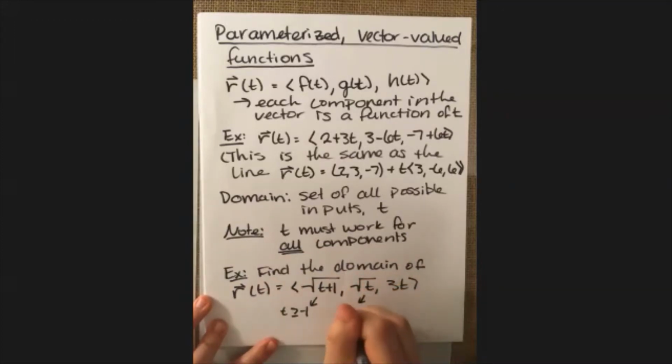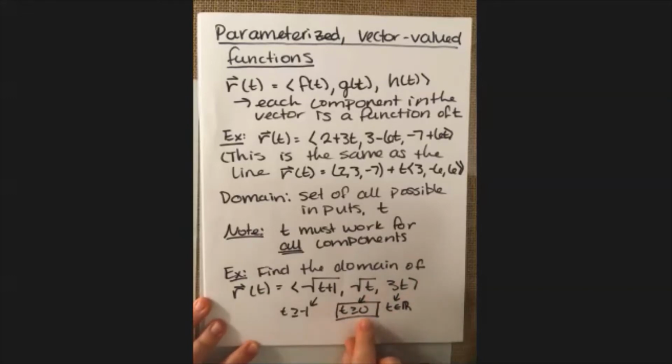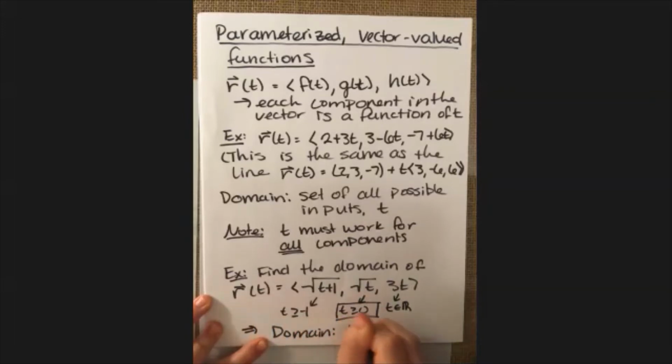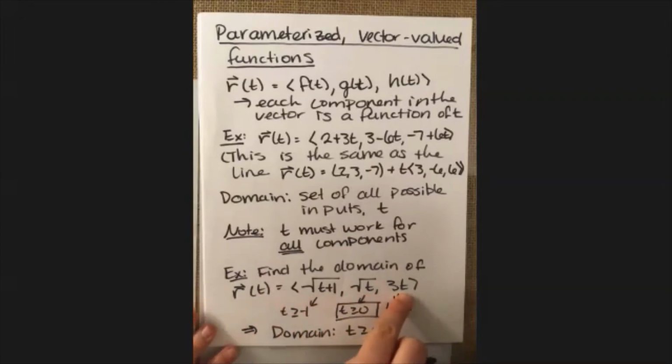The inside of this has to be t greater than or equal to 0, and then this t can be any real number. So of these 3, this is our most restrictive requirement, t greater than or equal to 0. If it satisfies this requirement, then it will also wind up satisfying either of these other 2. So then our domain in this case is just that t is greater than or equal to 0, since that's the one restriction that works for all the components.